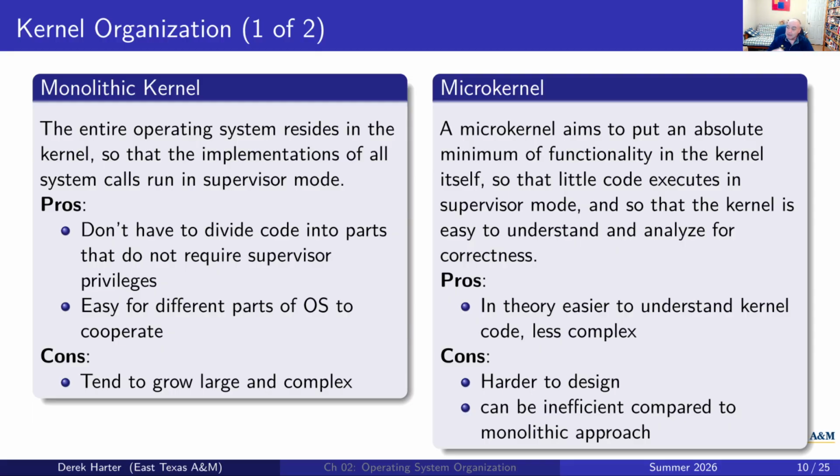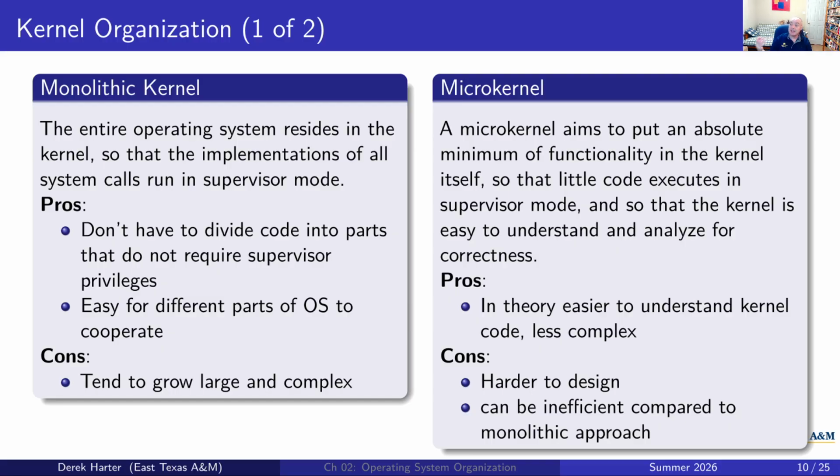A microkernel aims to minimize that. It tries to keep the minimal amount of functionality possible in the actual kernel that runs in kernel mode or supervisor mode, and then everything else is pulled out and runs as operating system services.